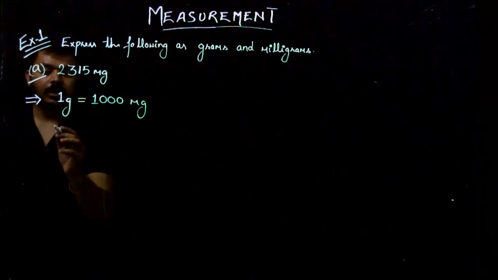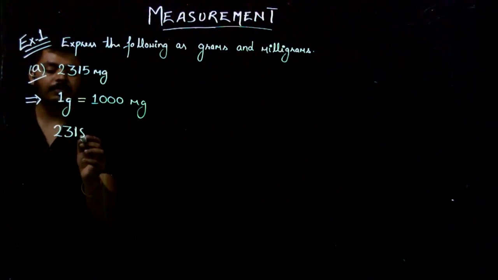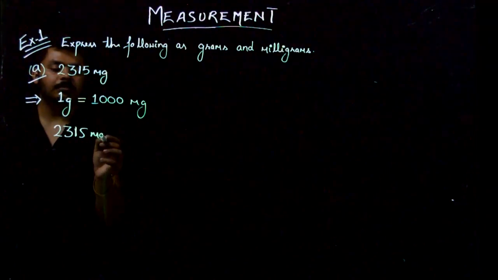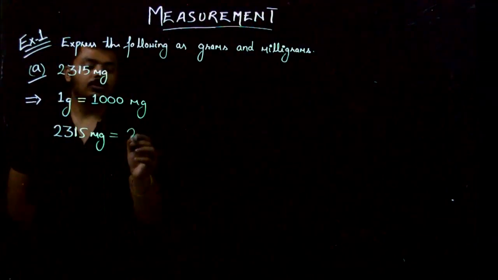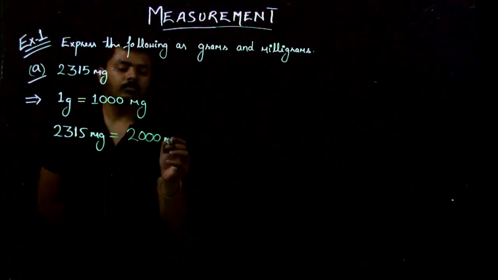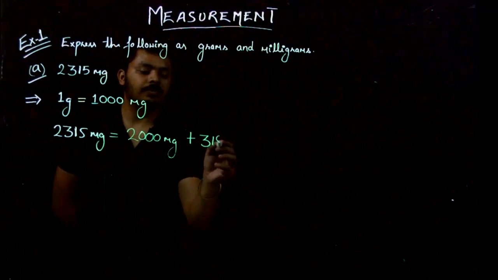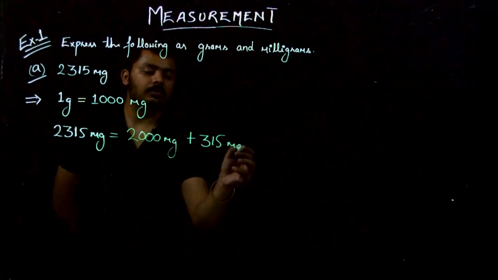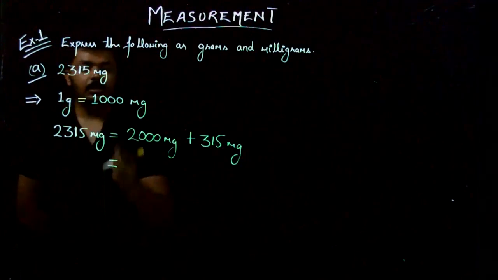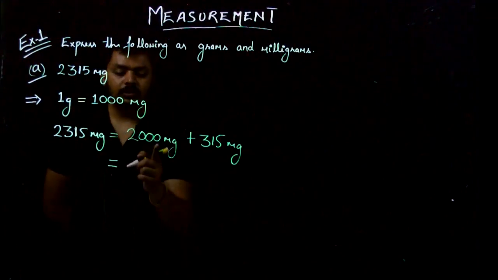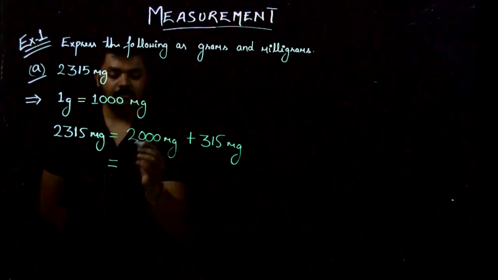So we can also write 2315 milligrams as 2000 milligram plus 315 milligrams. Now since it is greater than 1000, we can convert 2000 milligrams into grams.